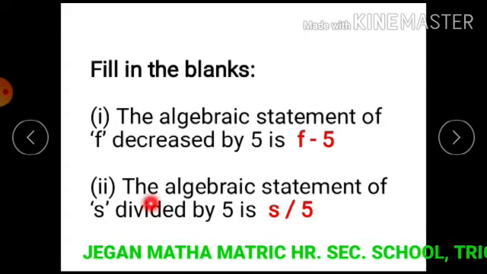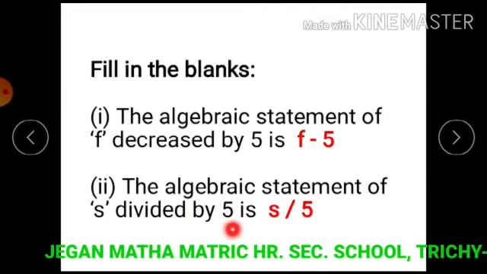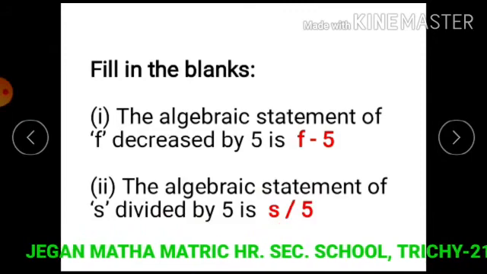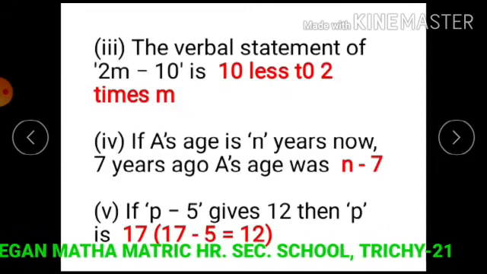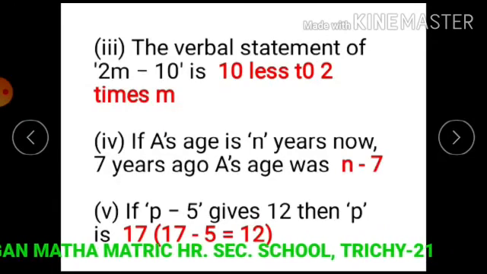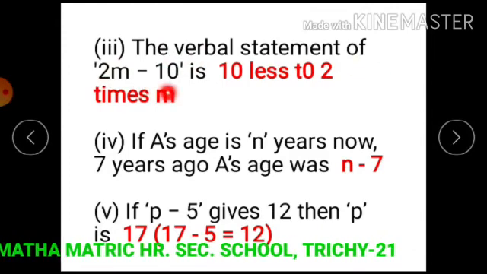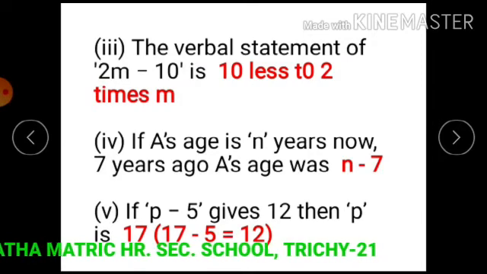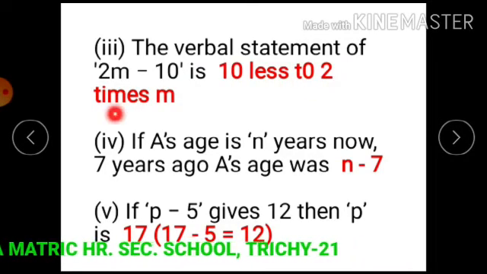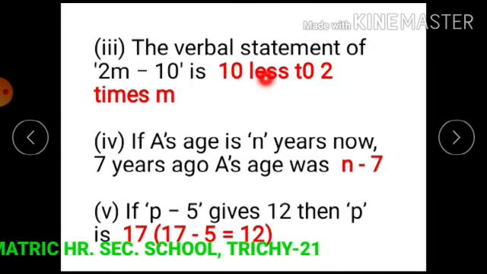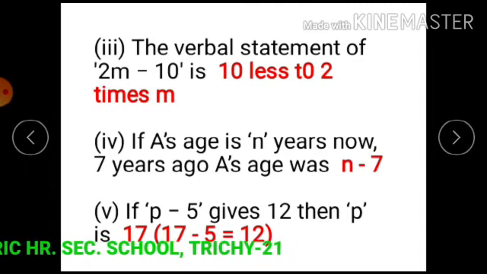Subdivision 2, the algebraic statement of s divided by 5 is s by 5. Subdivision 3, the verbal statement of 2m minus 10 is 10 less 2 times m.